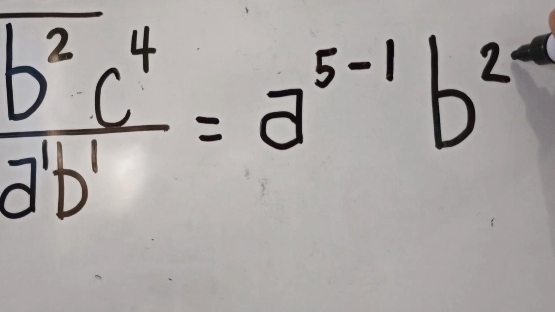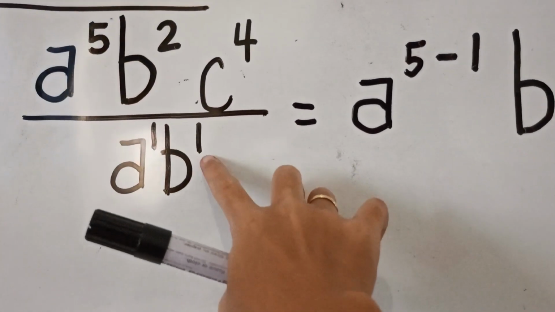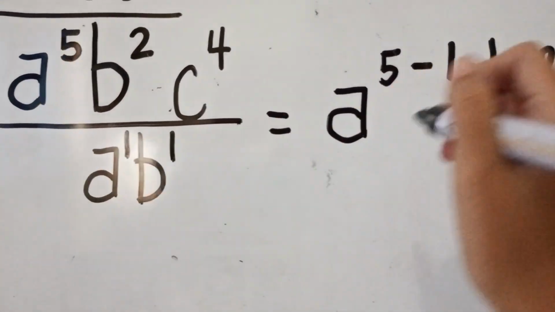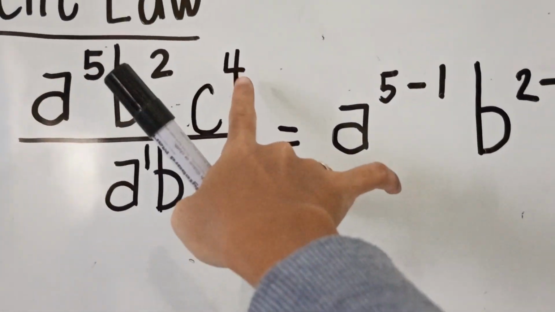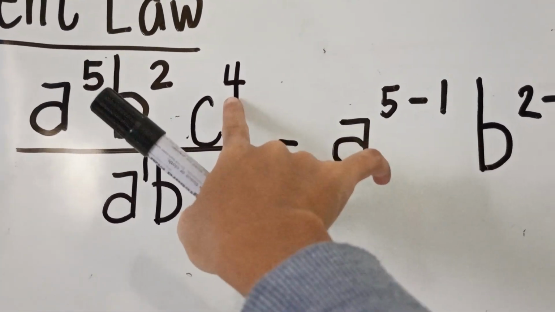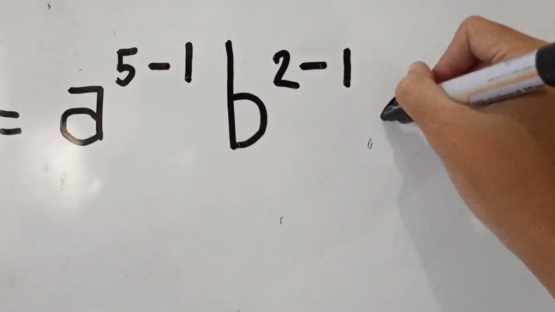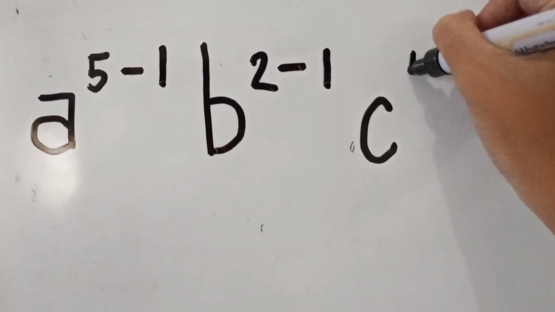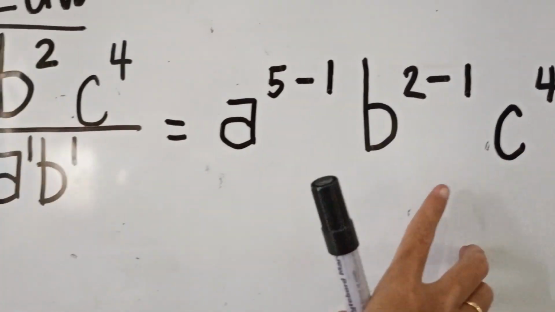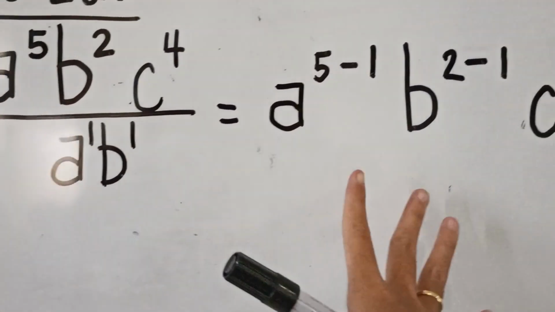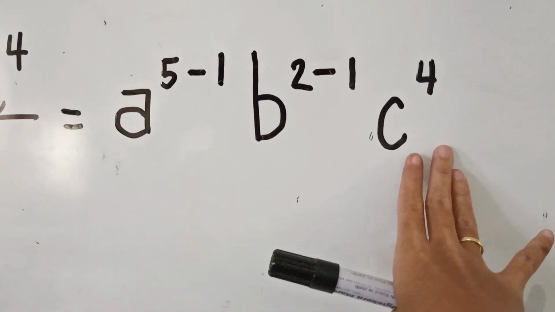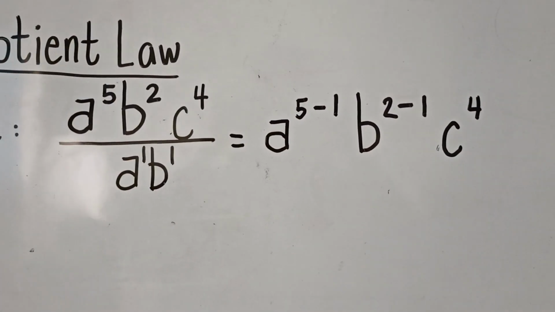Then we're gonna check at the lower part if there's an exponent at b, and there is, which is 1. So we're gonna copy that. And then let's proceed with c, and we're gonna copy c raised to the power of 4. However, at the lower part, since there is no variable c, we're gonna have just c to the power of 4 as is.